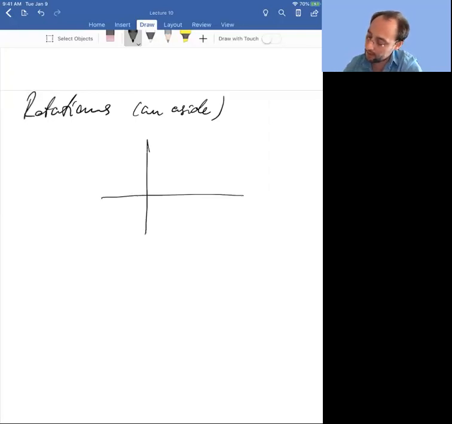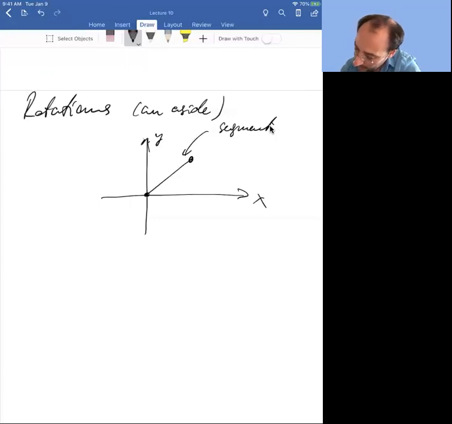So let's say this is my coordinate system, and I have some kind of a segment right here. What can I say if I look at a different coordinate system? So here's a rotated coordinate system.